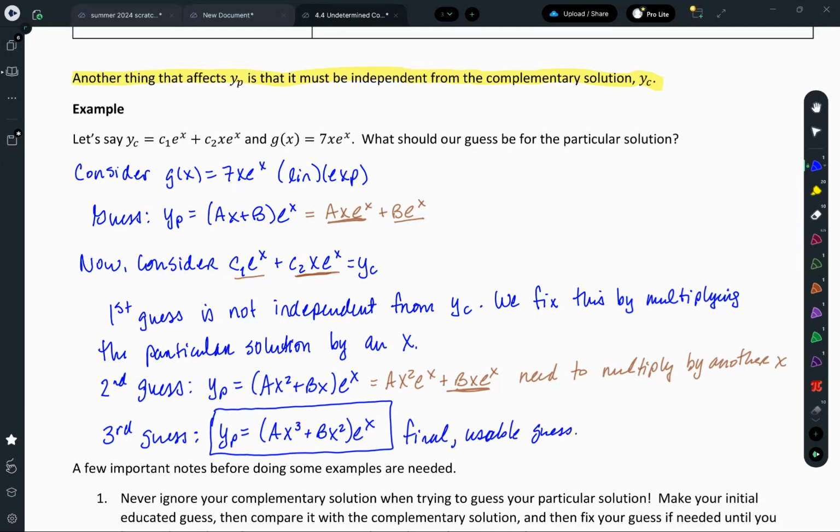Okay, now all we have done so far is figure out how to make a guess on our non-homogeneous term and how we would fix our particular solution guess if it was dependent, or I should say not independent, of the complementary solution. We still don't know what we're doing with this, so let's keep going.